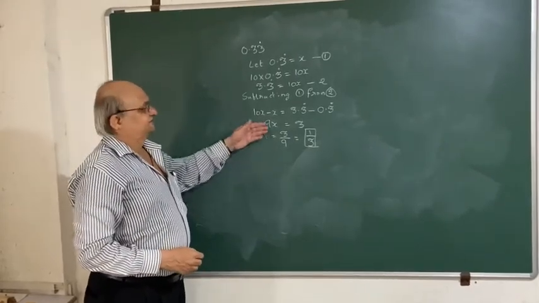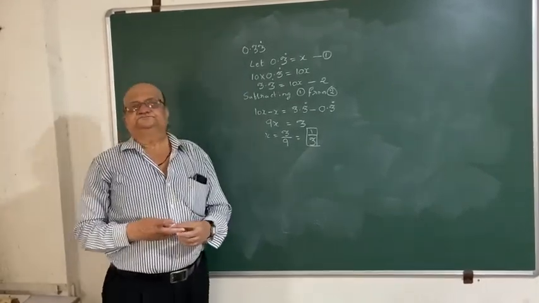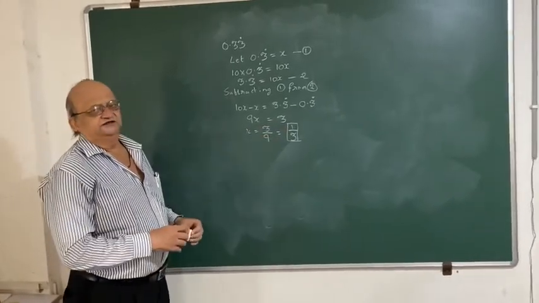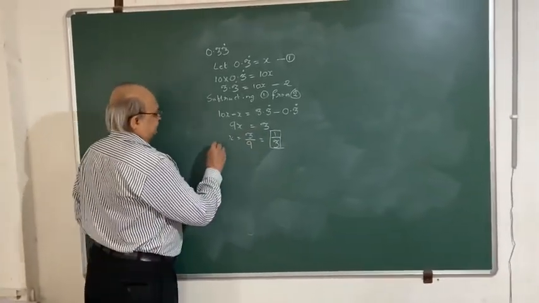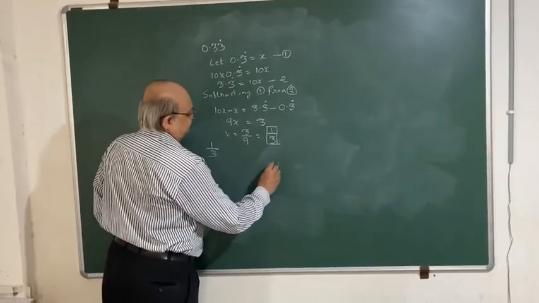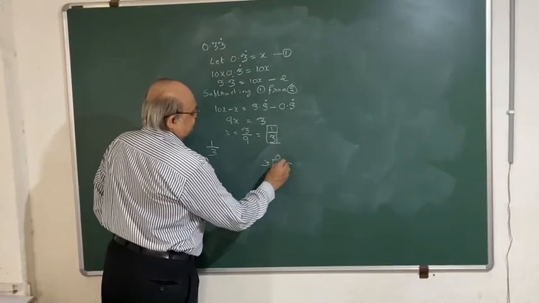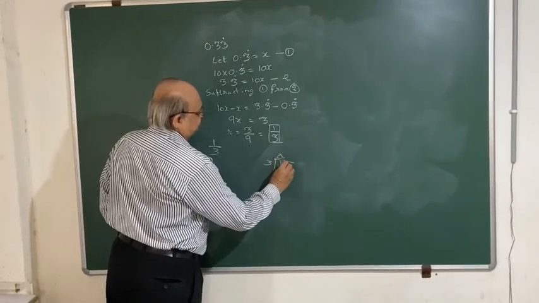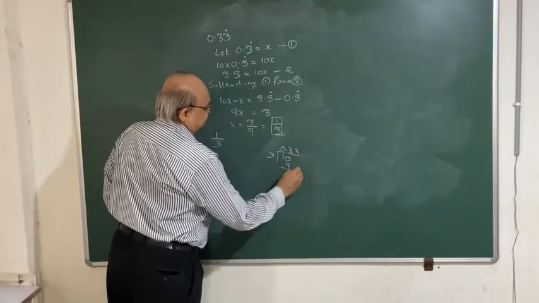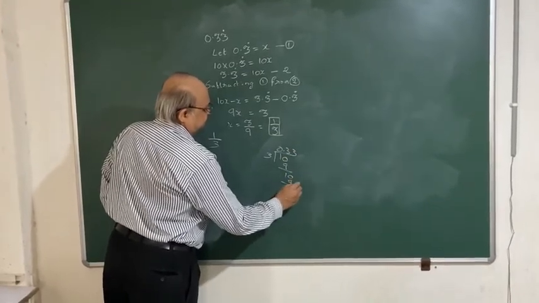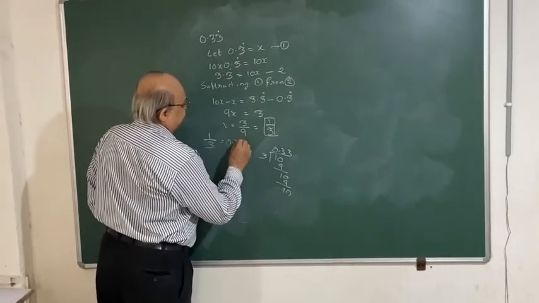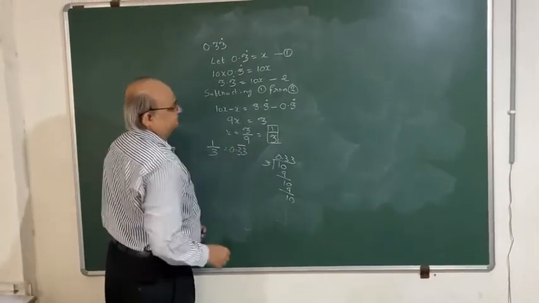When we work it out the other way around, it is simply dividing 1 by 3. What if we want to convert 1/3 into decimals? We say 1 divided by 3, 0 point 0, 3, 9, 1, 0, 3, 9, 1, 0, and we get 0.33 recurring.